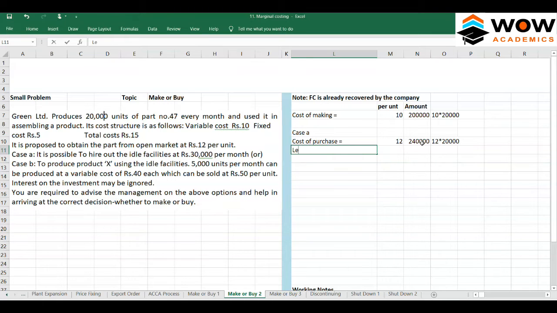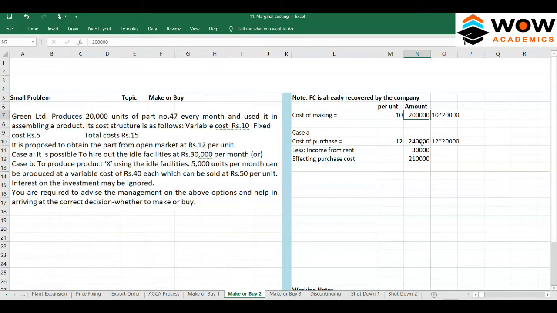So from this cost we will reduce the income from rent. So income from rent would be 30,000 per month. So now the effective purchase cost is 2,10,000. So we have to compare this 2,10,000 with this 2 lakh.